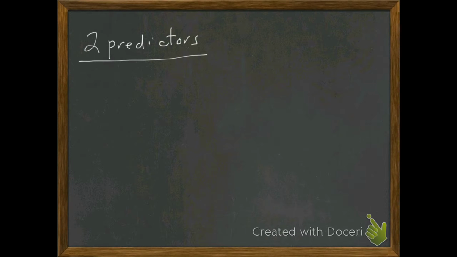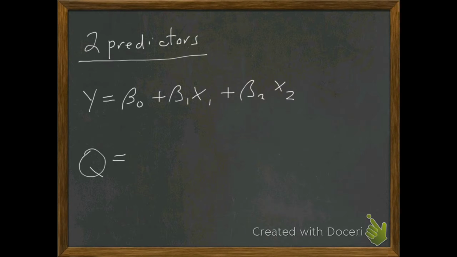So if we have two predictors, ultimately we're trying to fit y equals beta 0 plus beta 1 x1 plus beta 2 x2. First of all, what's Q going to look like? Well, we're going to try to minimize the sum of the vertical distances squared.